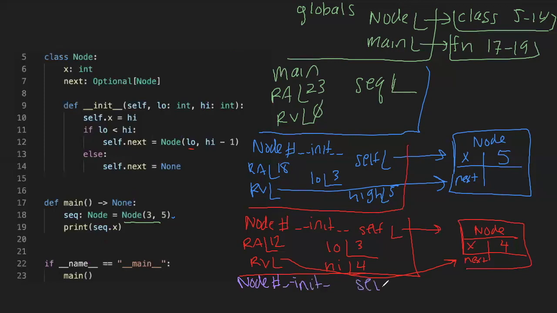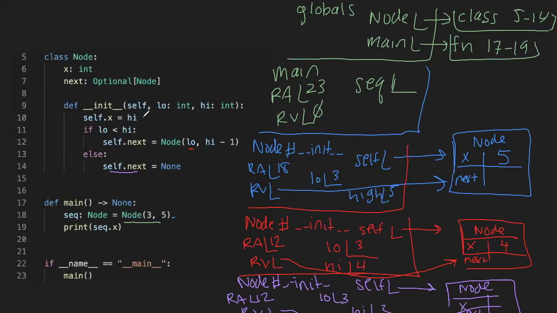Okay, so same thing. Set up a self that is a node with an X and a next. Okay, the RA is 12, low is 3, high is 3, and our RV is this same node. Okay, and so we do not satisfy this if statement here. So we jump down to the else on line 14.